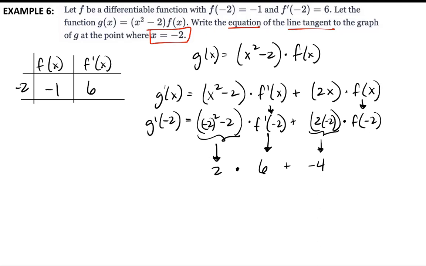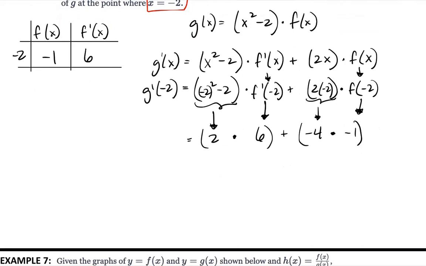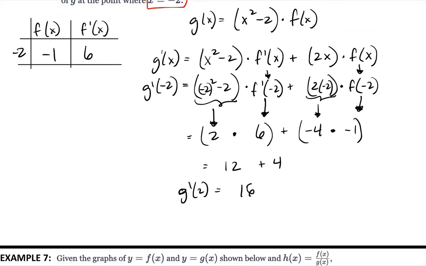That's just going to be -4. This guy, I'm going to need to go to the table. F of -2 is -1. Simplify. Got 12 plus a +4, sorry, which is +16. So g prime of -2 is +16.